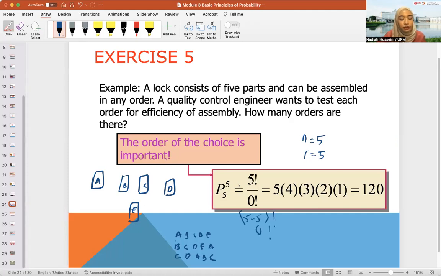Remember, I told you 0 factorial is just 1. So here, this is just 1. So you expand the 5 factorial to become 5, 5 minus 1, 5 minus 2, 5 minus 3, 5 minus 4. So the answer is 120 possible ways of assembling the 5 parts to make a log.